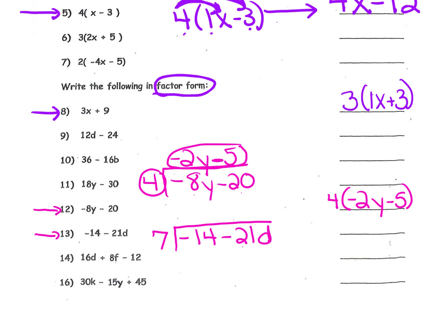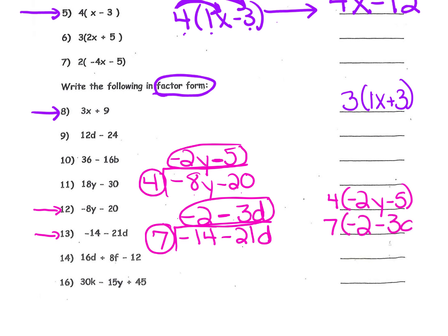So 7 into negative 14 gives us negative 2, minus 7 into 21 gives minus 3d. This is our first factor. This is our second factor. Write it on the line that you've been given. 7 times the quantity, negative 2 minus 3d.